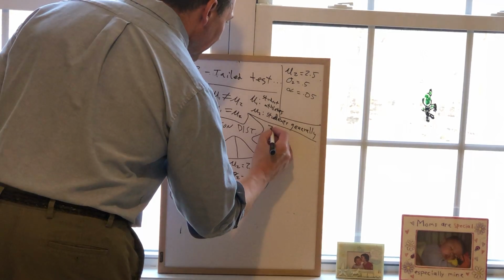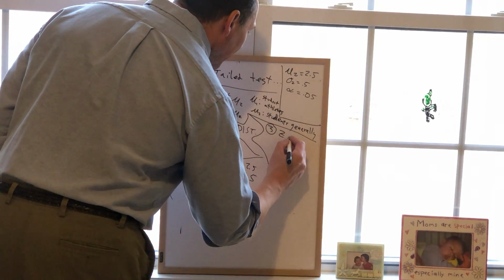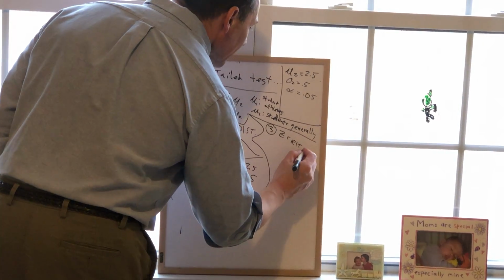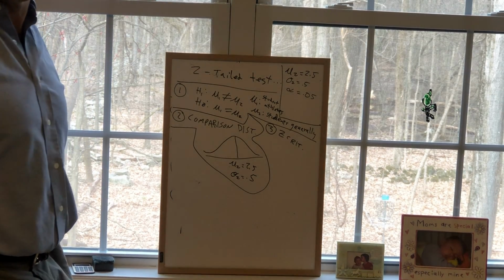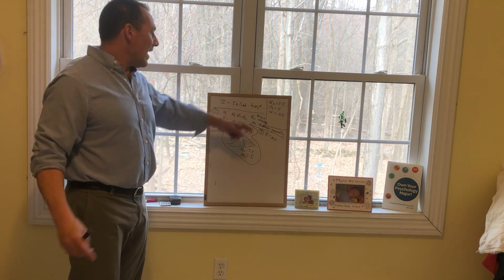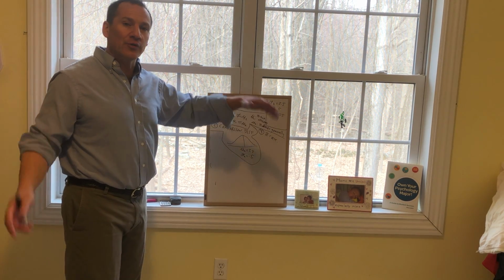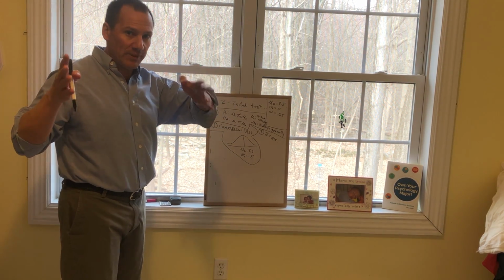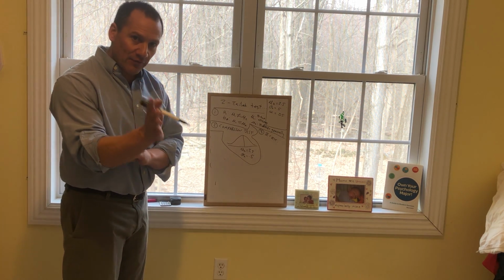Step number 3, Z critical. There's a little bit of a difference here. We still have alpha of 0.05. Remember, you could also have alpha of 0.01. That would be given information, but we don't. We have alpha of 0.05.